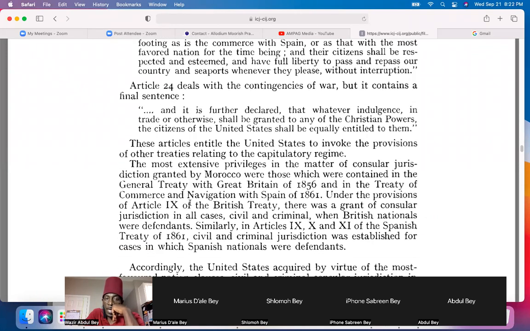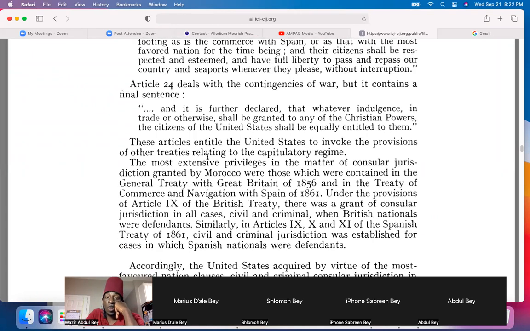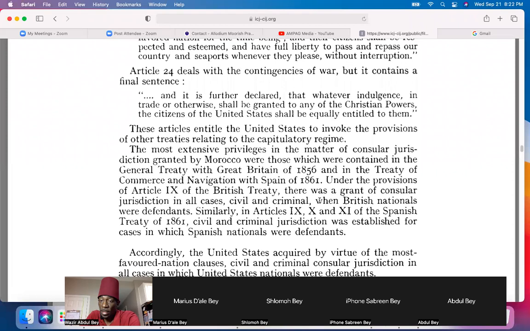These articles entitle the United States to invoke the provisions of other treaties relating to the capitulatory regime. The most extensive privileges in the matter of consular jurisdiction granted by Morocco were those contained in the General Treaty with Great Britain of 1856 and in the Treaty of Commerce and Navigation with Spain of 1861.